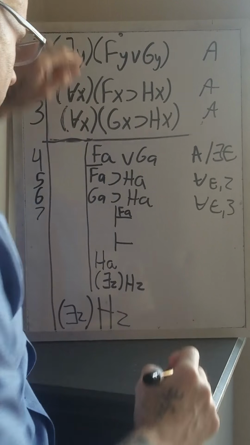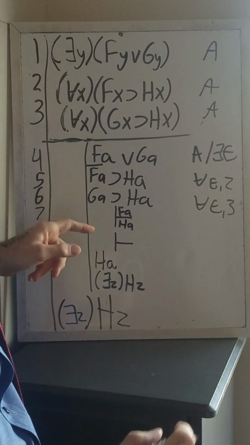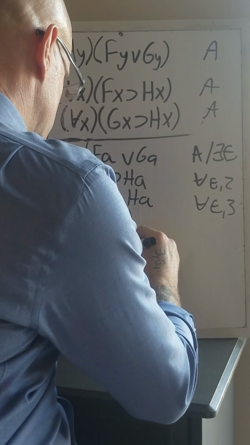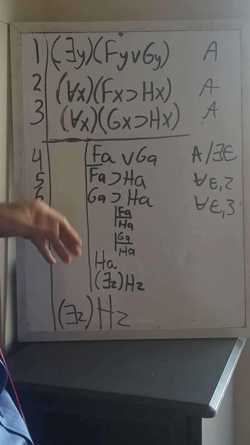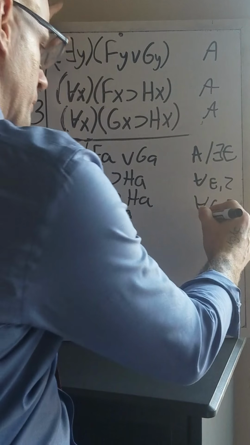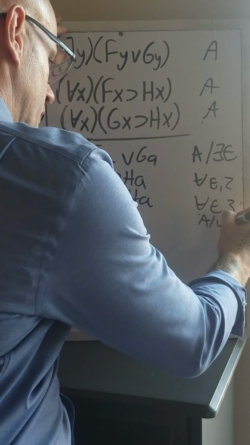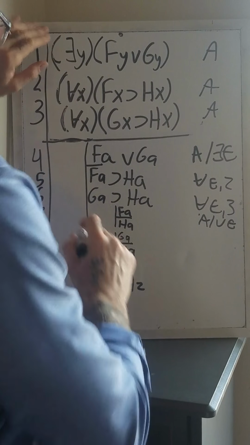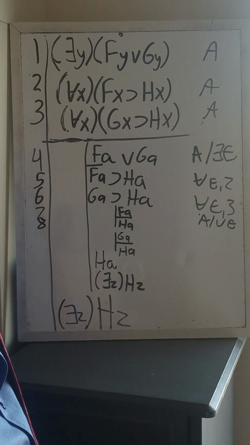We're going to show that FA leads to HA, and we're going to show that GA leads to HA. Fortunately, there's really nothing to that, which is good because I'm running out of room. So if we assume FA for purposes of disjunction elimination, we get HA right away on line 8 by conditional elimination, lines 5 and 7.